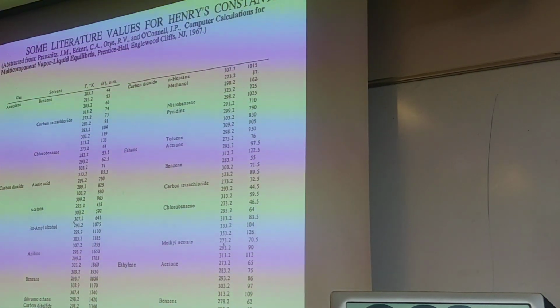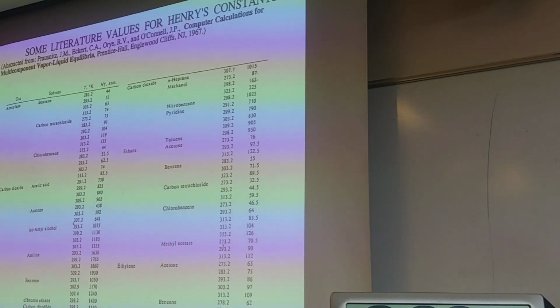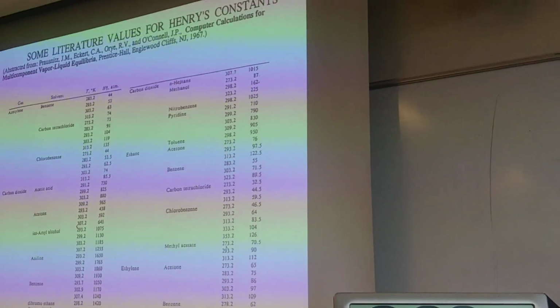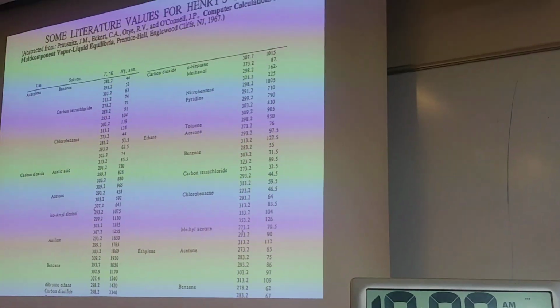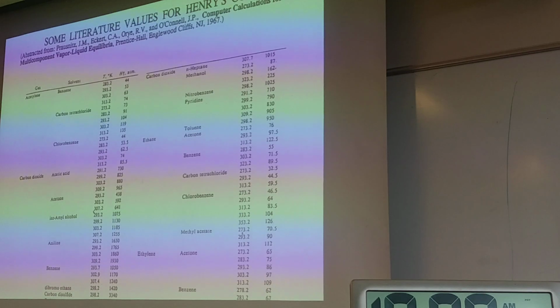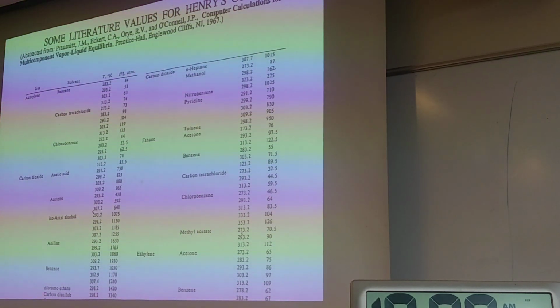So here are some literature values for Henry's constants for a variety of systems. So this is for the gases acetylene here, dissolved in benzene, carbon tetrachloride, chlorobenzene. This would be carbon dioxide and acetic acid, acetone, isoamyl alcohol, aniline, and the like.